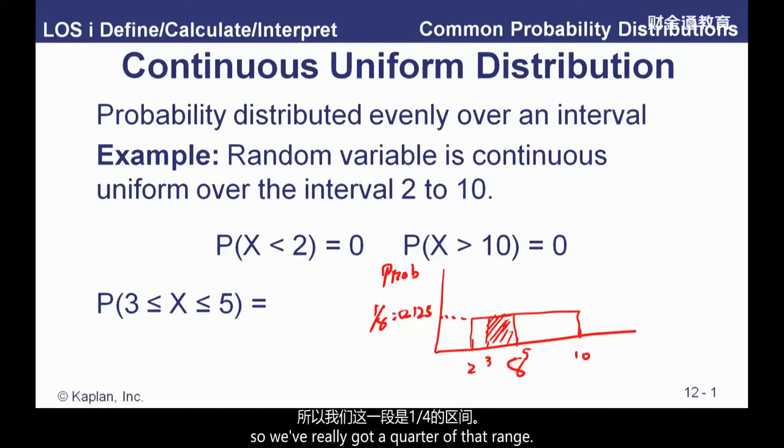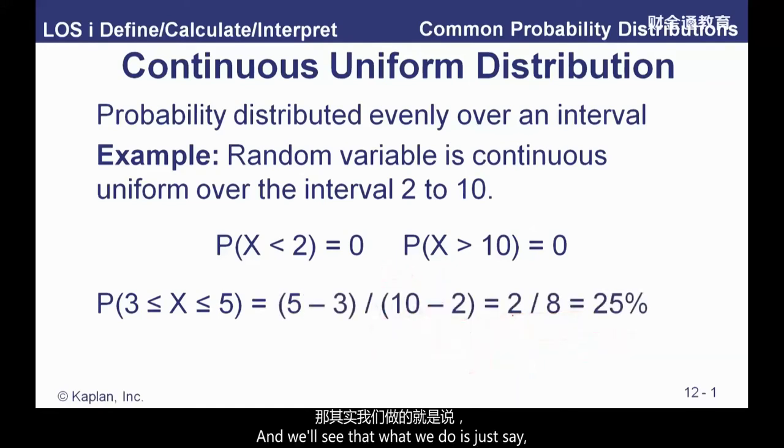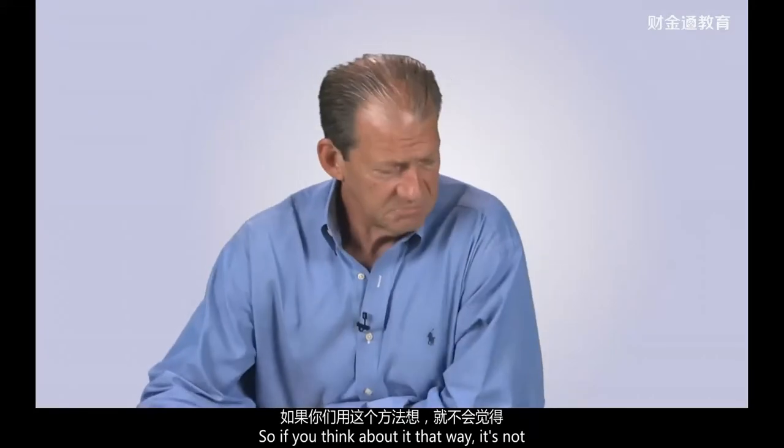So we've really got a quarter of that range. And we'll see that what we do is just say, well, it's 2 out of a total of 8, so that's a quarter of this uniform distribution, so that's 25%.